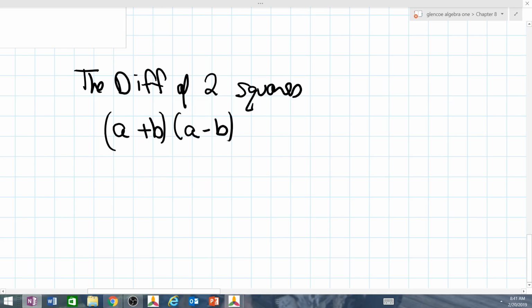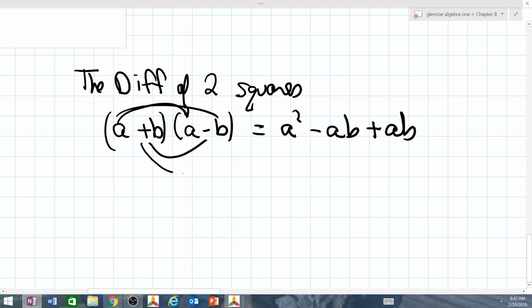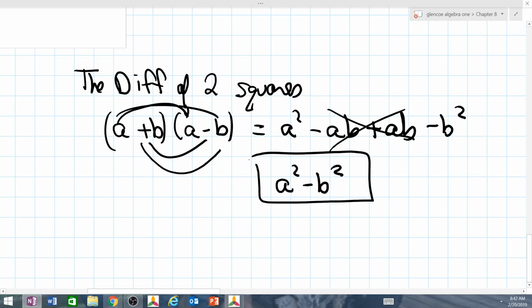So here's your pattern. (A plus b) times (a minus b) would give you a squared minus ab plus ab minus b squared. So that middle term cancels out and you get a squared minus b squared.